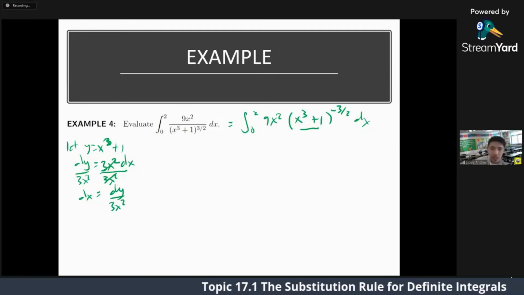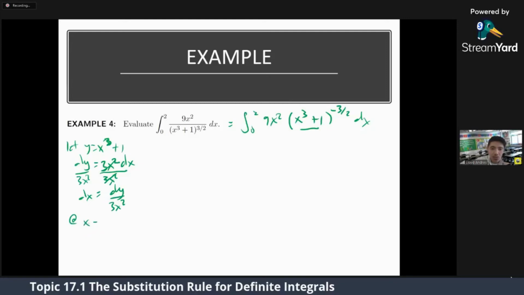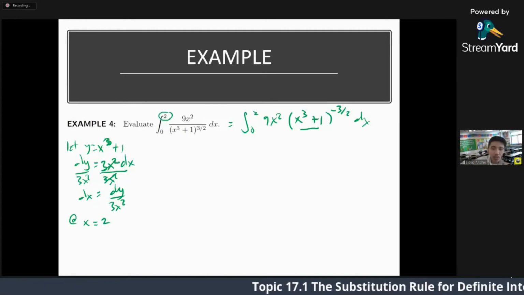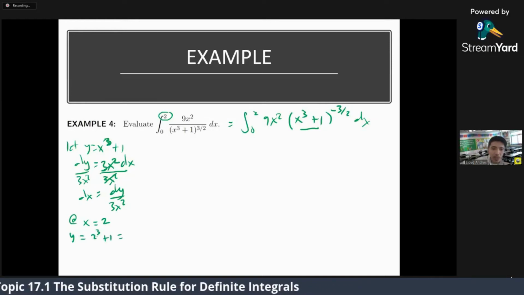Next, at x equals 2, the upper limit, y is equivalent to 2 cubed plus 1, which is 8 plus 1, that's 9.